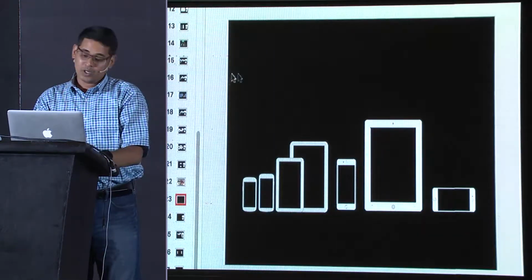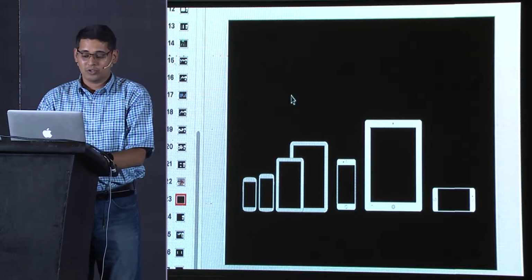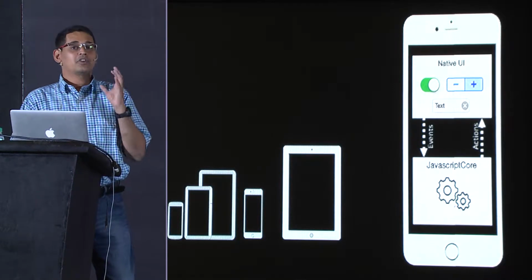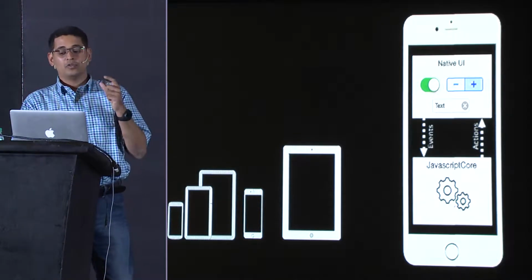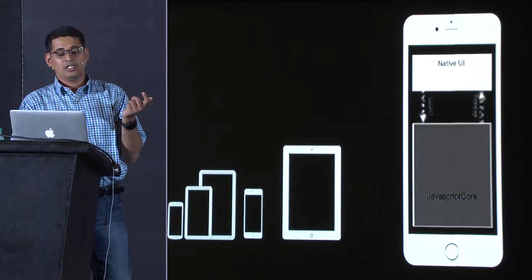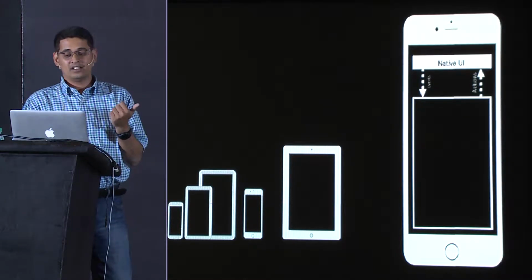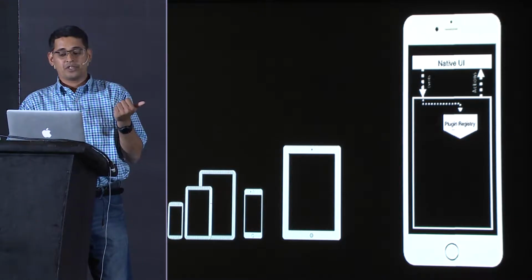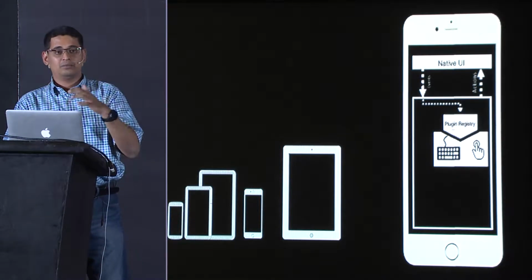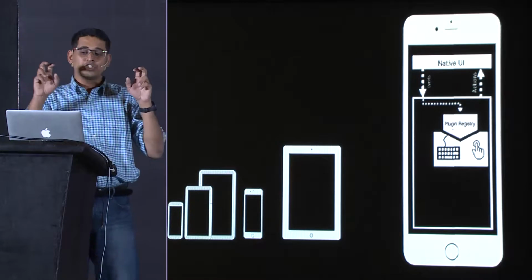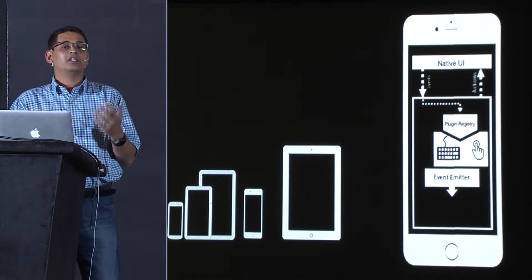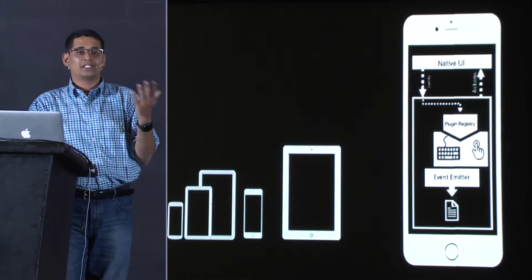It's easy to show demos, but the way it's really written is because of React's event system. If you remove the black box, which is JavaScriptCore, expand it and see what's inside, the way events are handled is that you have a plugin registry. You have something that responds to the plugins, and then it eventually goes through an event emitter to your on-event handler or your on-press handler.